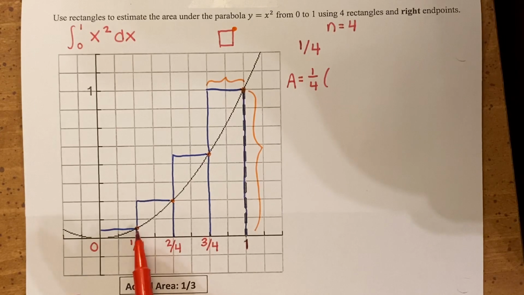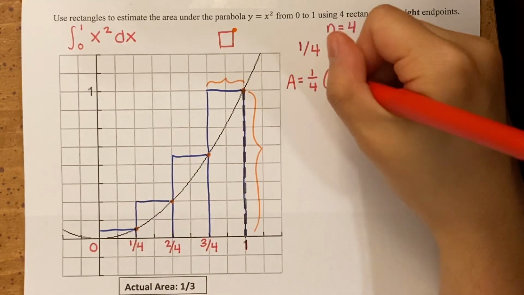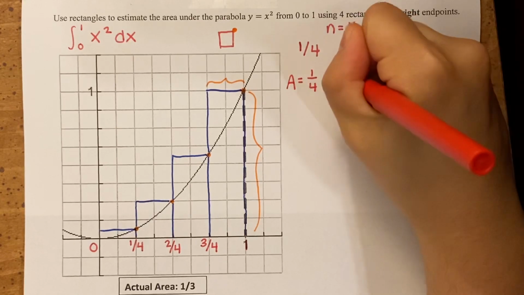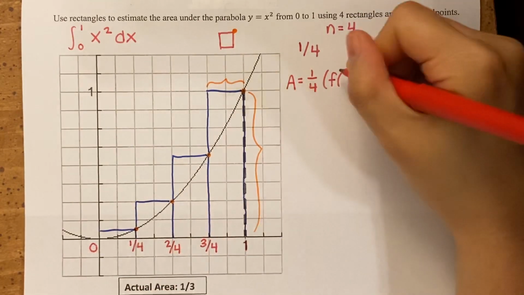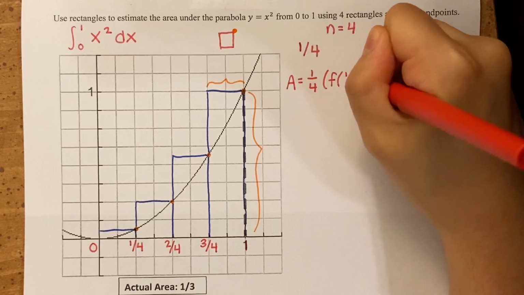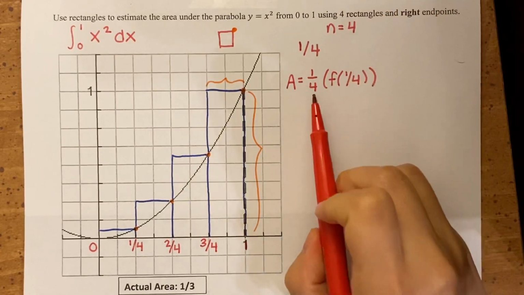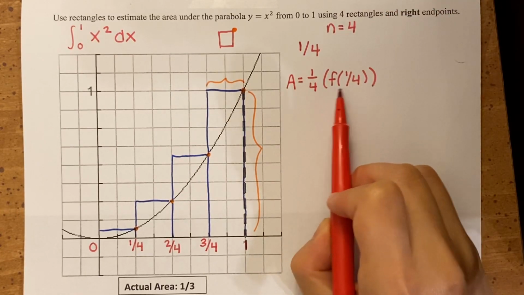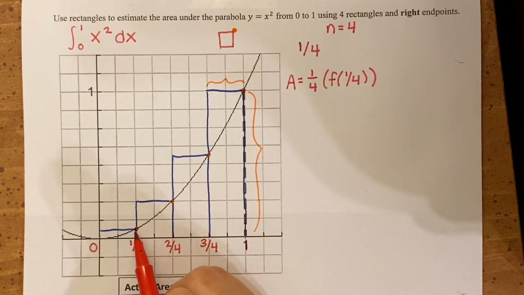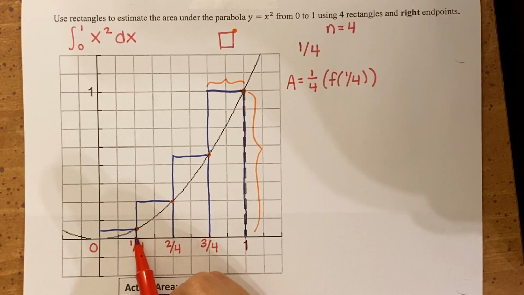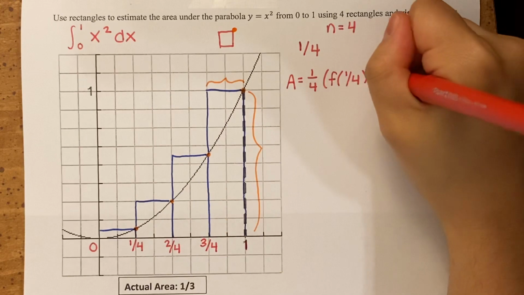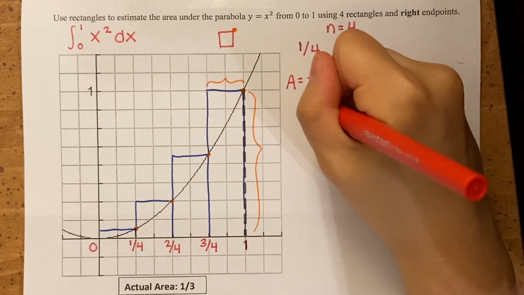So we want the y value of our curve, and this is going to be f at 1/4. This is my width, and this is my height of my first rectangle. Plus 1/4.